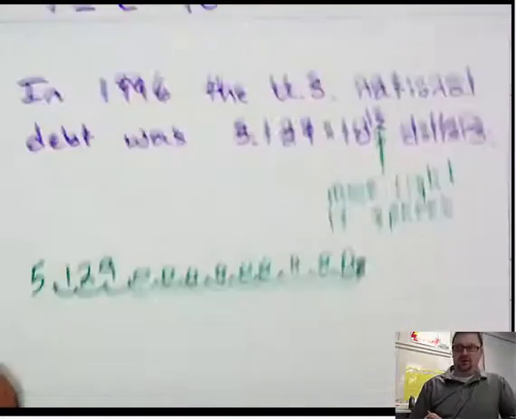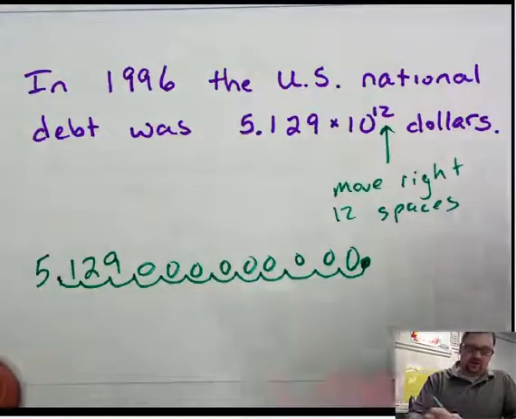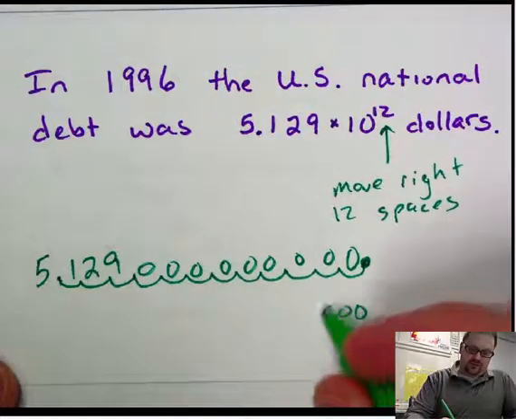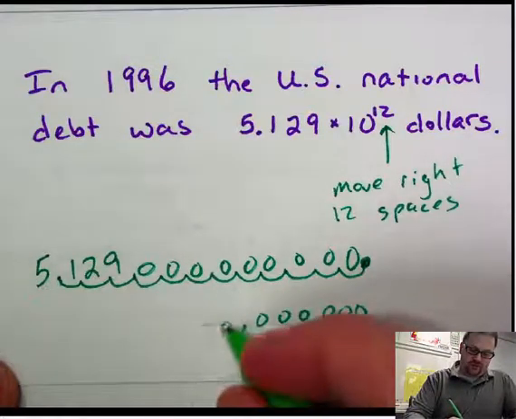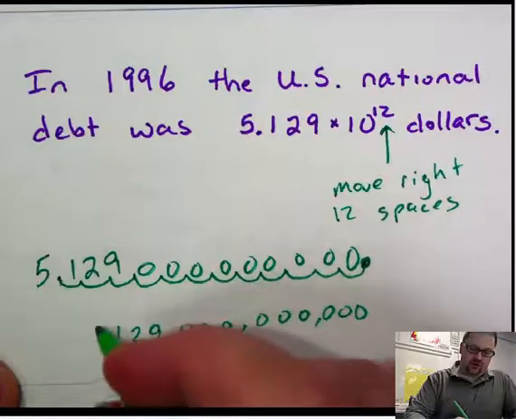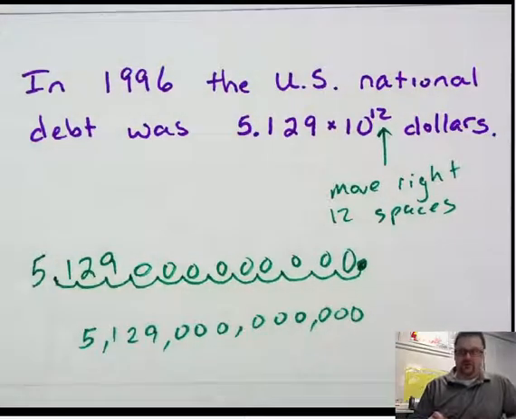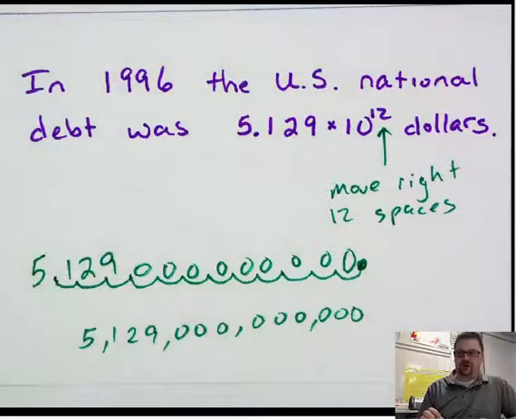And again, we're going to rewrite this. Don't want to see that mess as an answer. So I have 5,129 followed by nine zeros: $5,129 billion in debt.